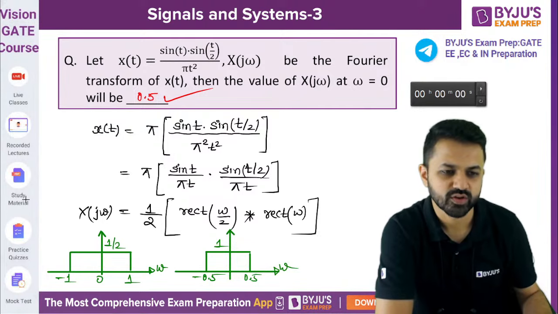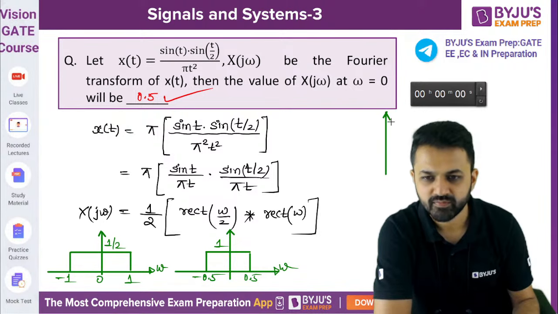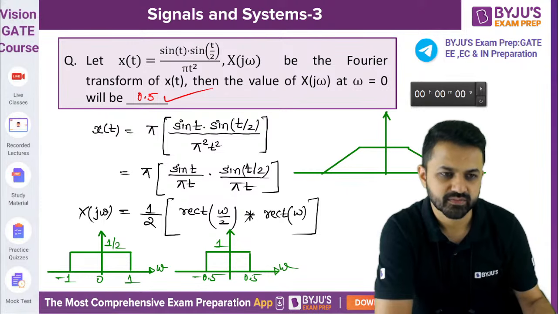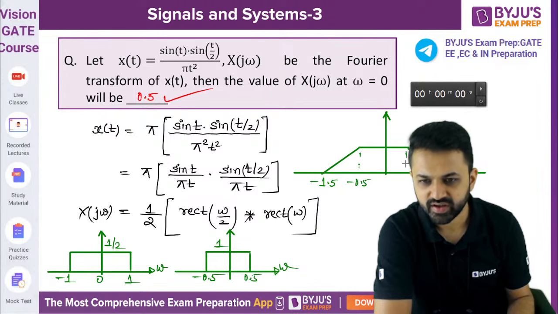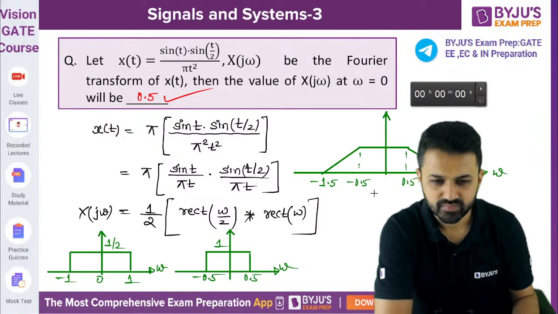Now when you convolve them, what will you get? Definitely a trapezium. The minimum value will be minus 1.5, then minus 0.5, then 0.5, then 1.5.